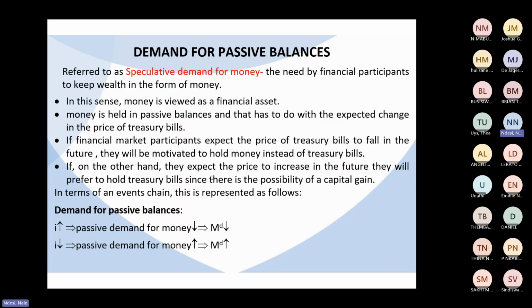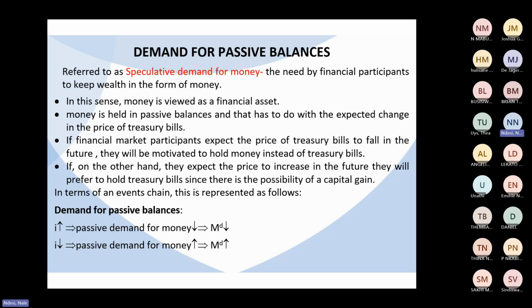Okay. So let's look at the demand for passive balances, which is also referred to as the speculative demand for money. It is related to the need by the financial participants to keep wealth in the form of money. So in this sense, money is viewed as a financial asset.